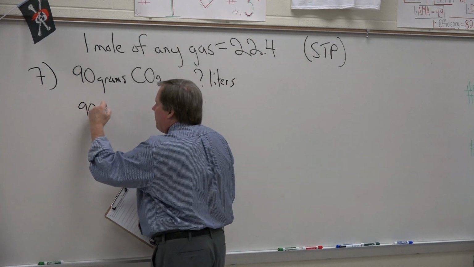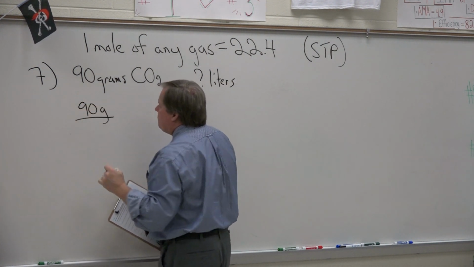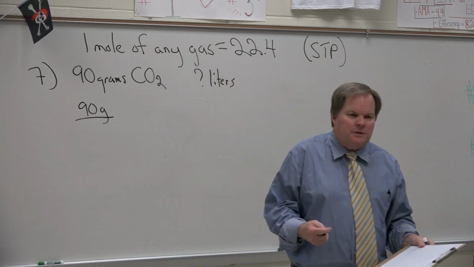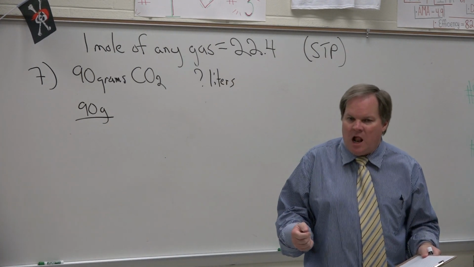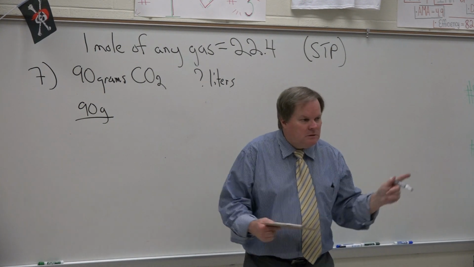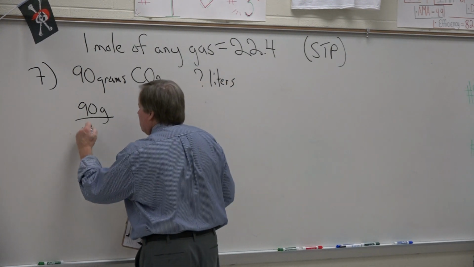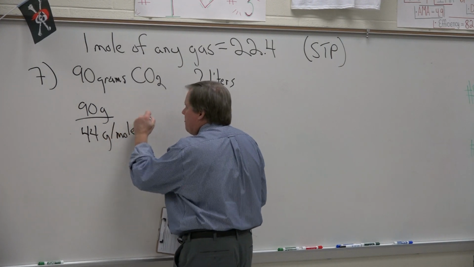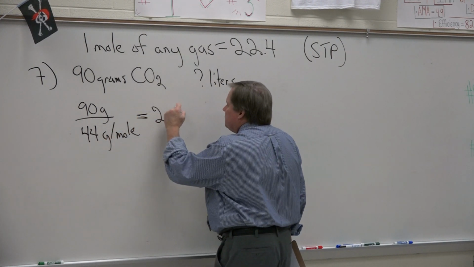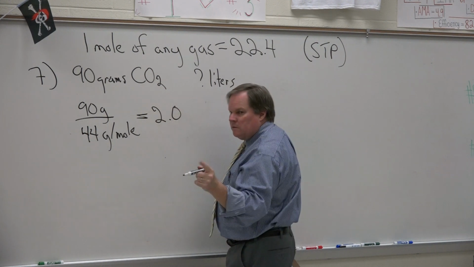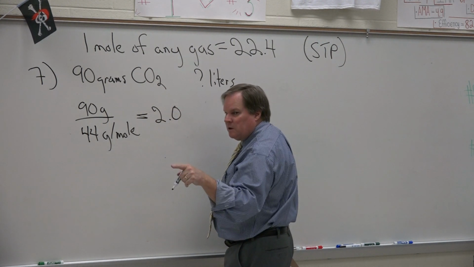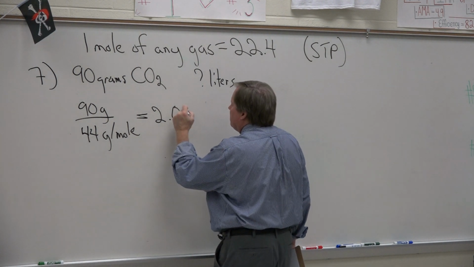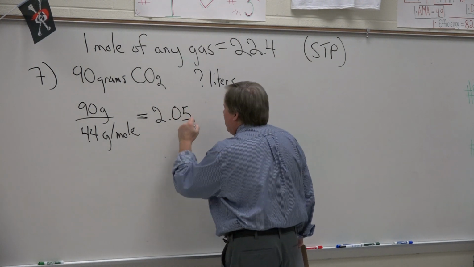So I've got 90 grams that I gave you. Anyone remember from our lecture how many grams a mole of carbon dioxide is? 44 grams per mole. 2.045, so we will go with 2.05 moles.